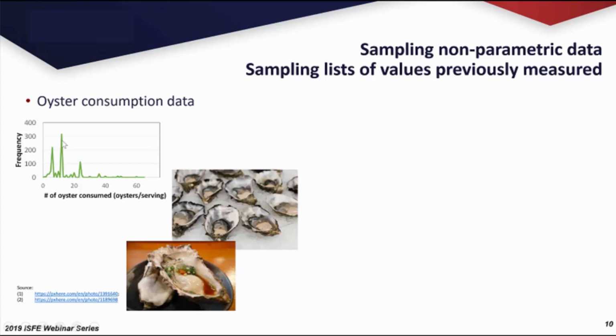A lot of consumers eat 1 dozen. So here we have a peak at 12, and another group will eat even 2 dozen. So you can see here another peak at 24. And you have even one crazy consumer that ate 60 oysters in one sitting.